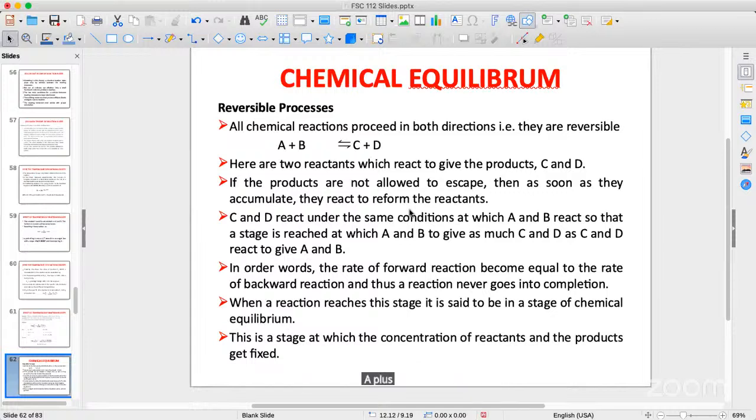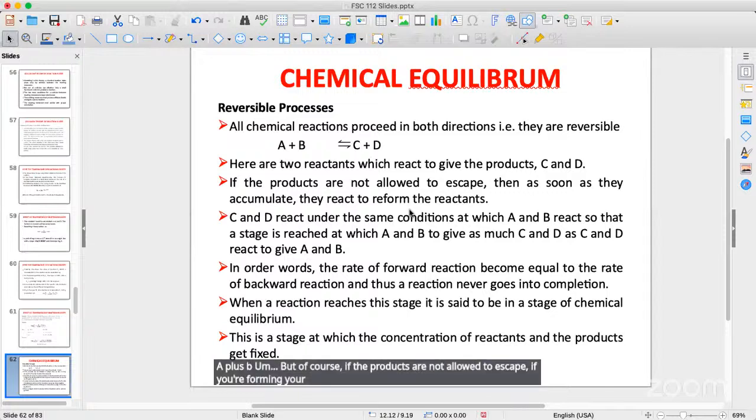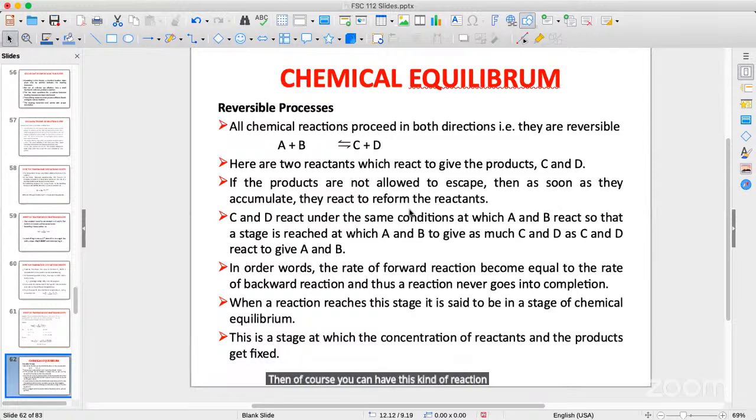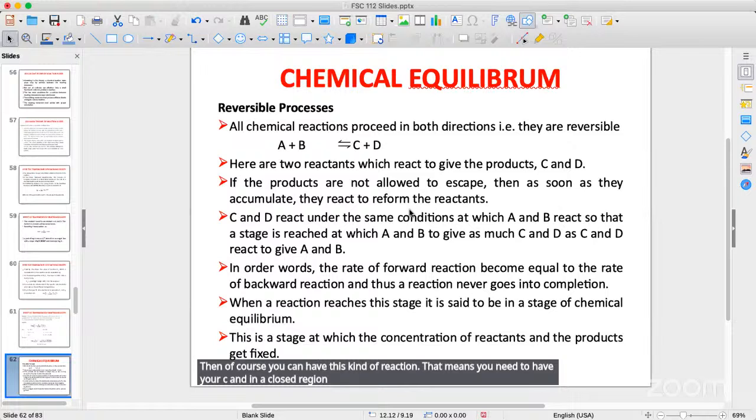But of course, if the products are not allowed to escape, if A plus B is forming C plus D, and C plus D is actually escaping, then of course, you can't have this kind of reaction. That means you need to have your C and D in a closed region where they can't escape, so that they can actually undergo that reaction.